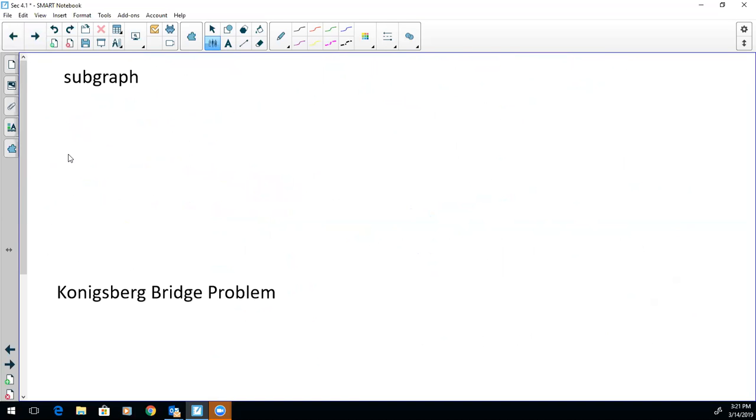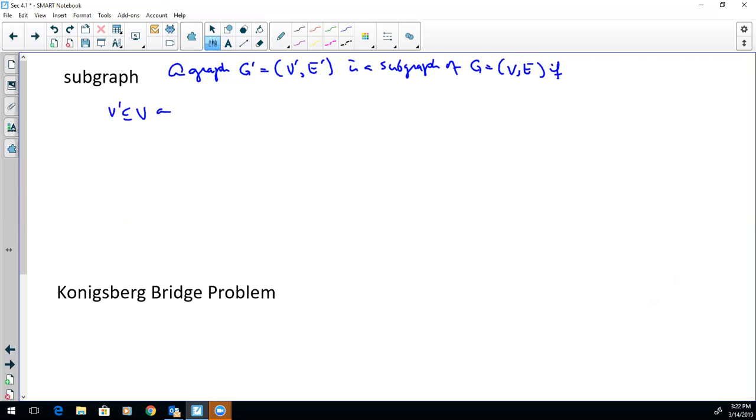Okay, going on here. A graph G prime, which we'll say has a vertex set V prime and edge set E prime, is a subgraph of a graph G if V prime is a subset of V and E prime is a subset of E. Now, since G prime is a graph in its own right, the edges in E prime must correspond to vertices that are in V prime.